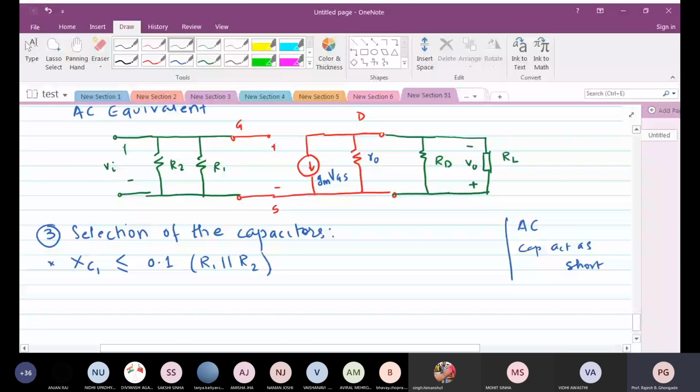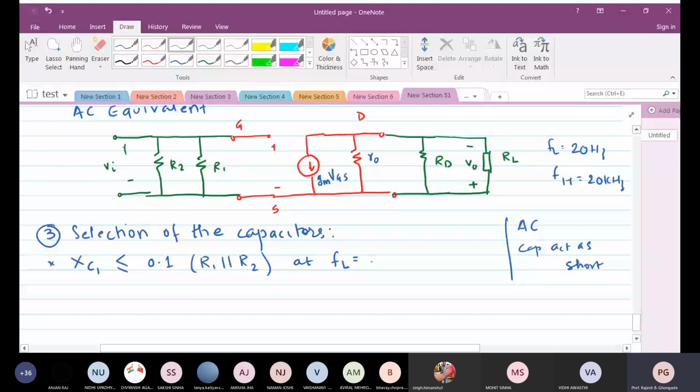At the lower cutoff frequency, generally it will be given, but if not given, consider FL as 20 hertz always, because this is the audio range, and FH as 20 kilohertz. This is an audio frequency amplifier, so FL has to be 20 hertz.